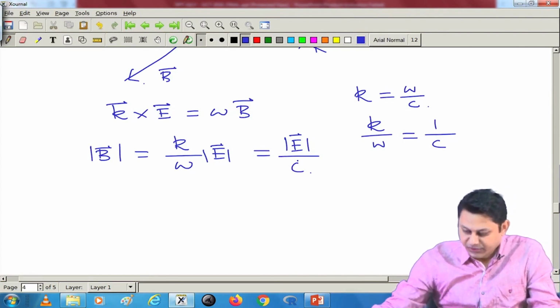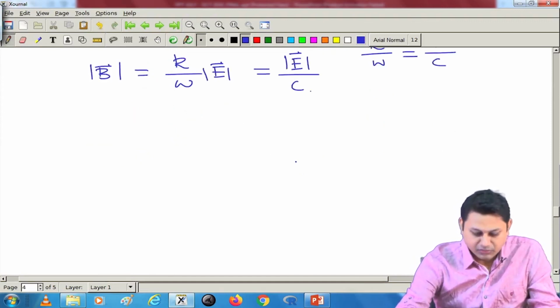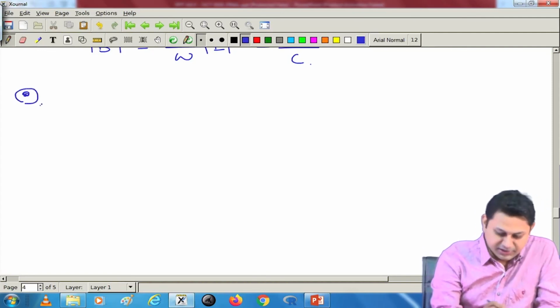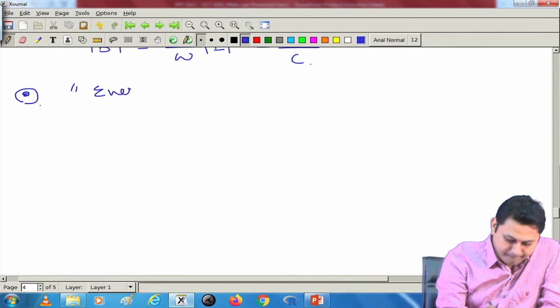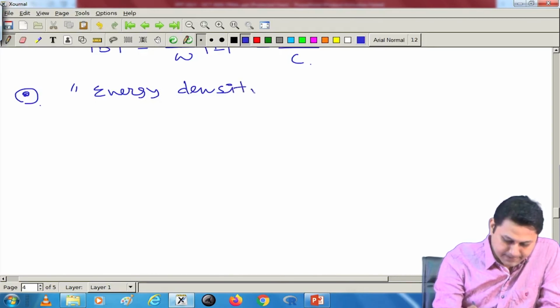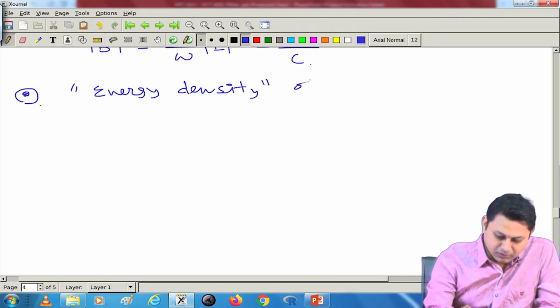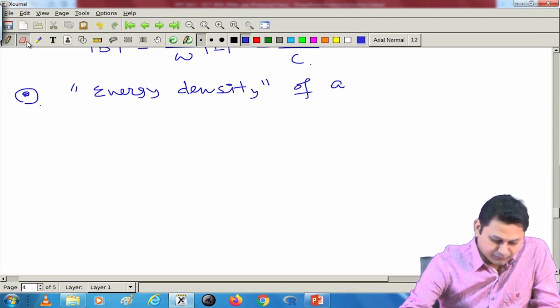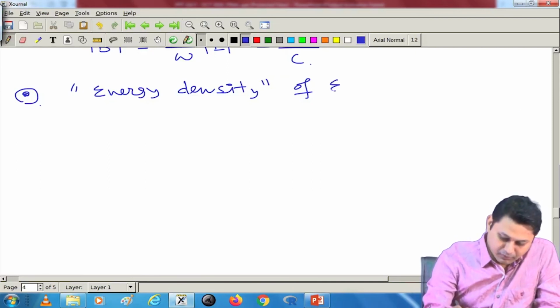Well, after that we quickly define one thing, which is the energy density of an electromagnetic wave.